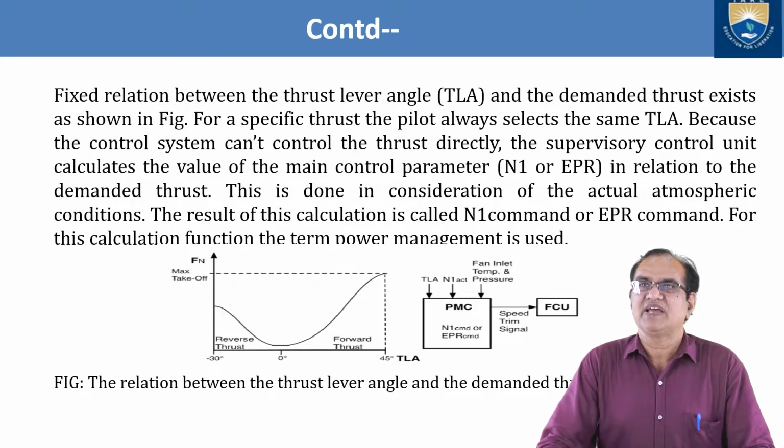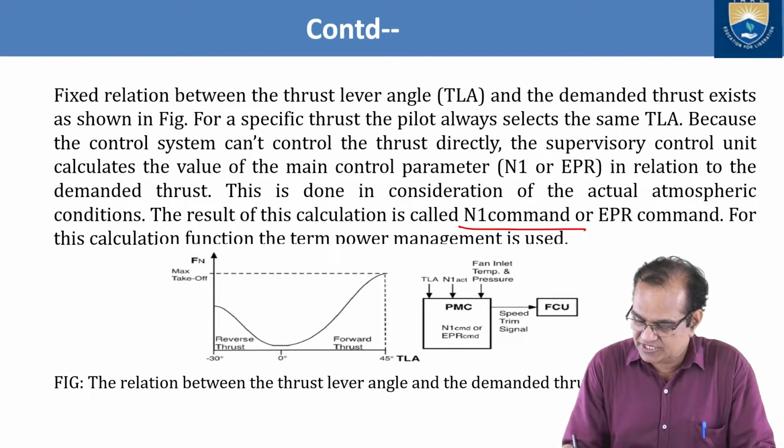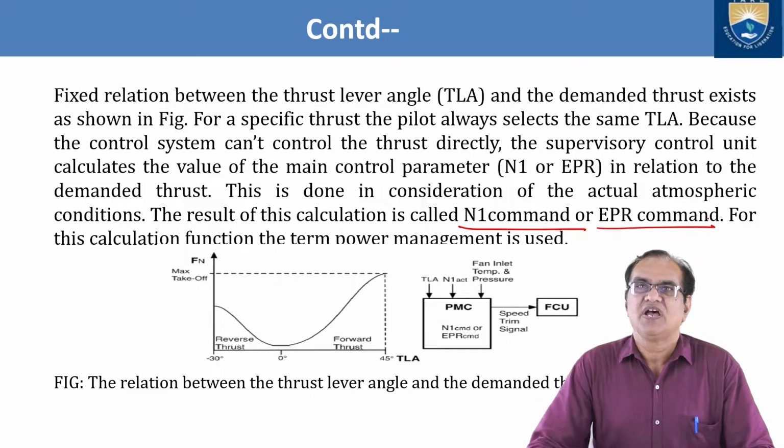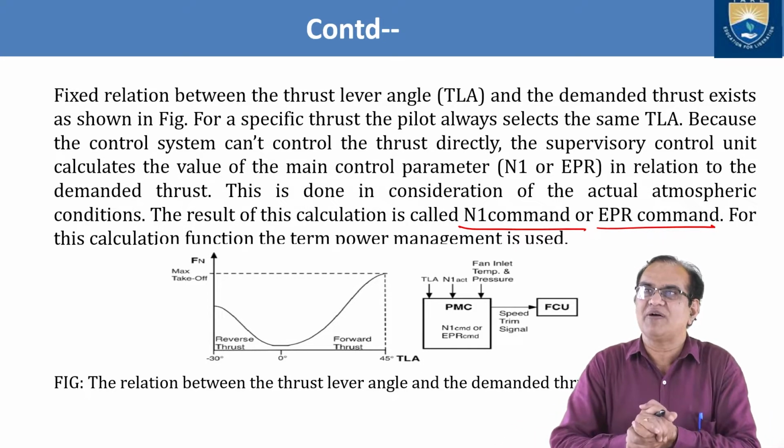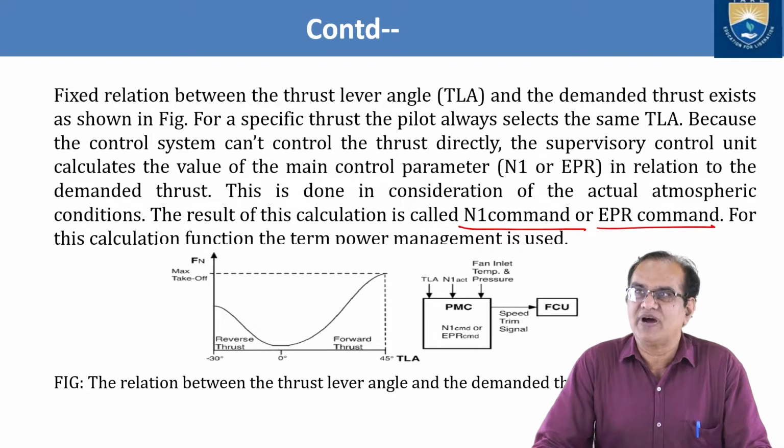This is done in consideration of the actual atmospheric conditions. The result of this calculation is called the N1 command or EPR command. We have to understand these words. For this calculation function, the term power management is used. So what is the meaning of N1 command and EPR command?